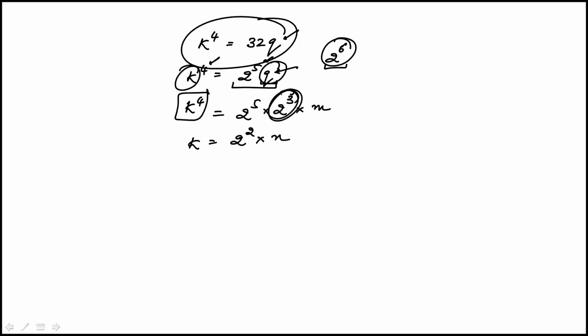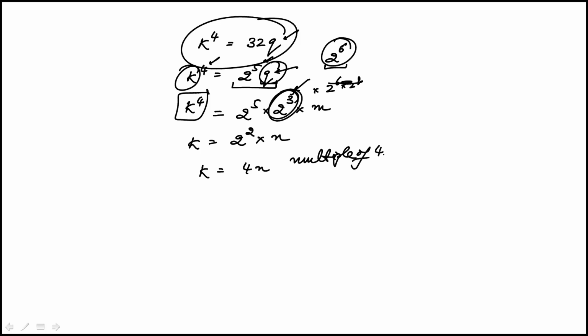So that's why we need a 2 cubed here at the very least. It could be more, meaning 2 cubed times 2 to the 6 or anything, but at the very least we need three 2's. So what this really boils down to is that k is a multiple of 4. That's really the conclusion.